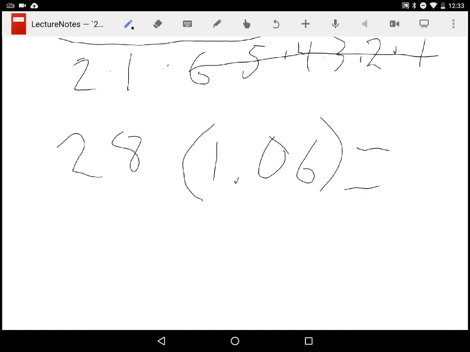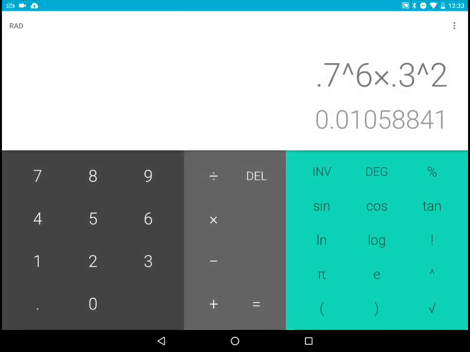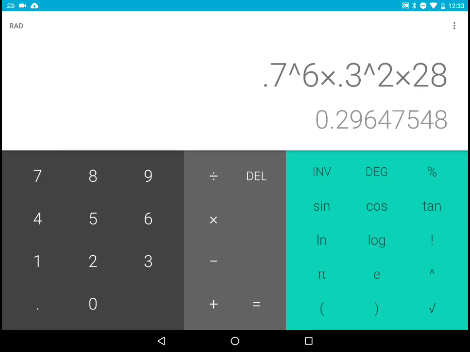Okay, so we're going to go back to the calculator to get a more precise answer. So we get around 1.06%, and then we multiply that by 28, and then we get 0.29647. So we'll call it 30%.